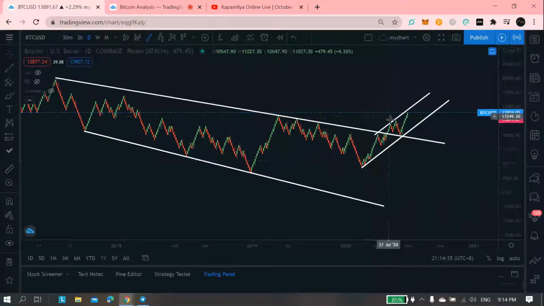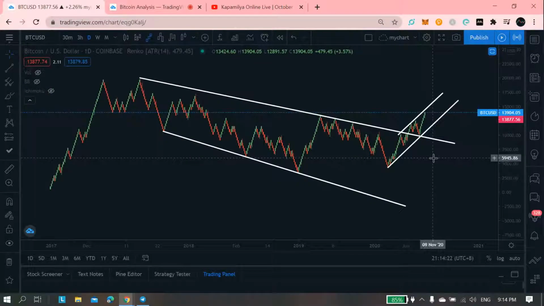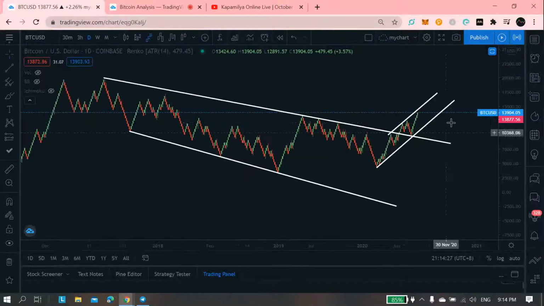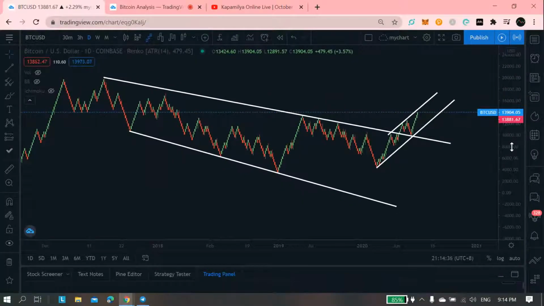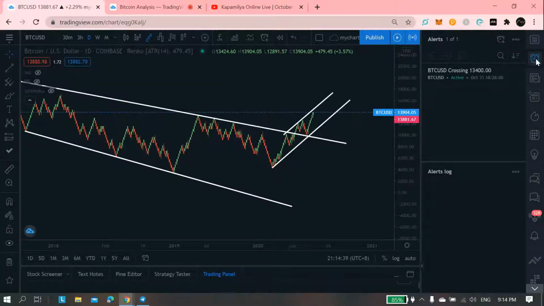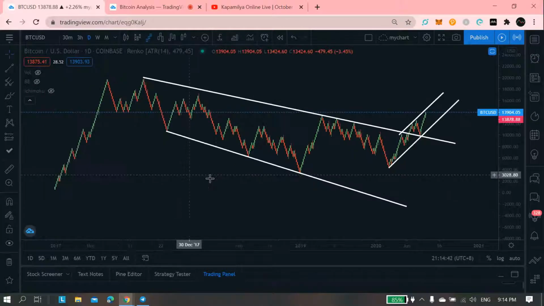And from there, it trended in an upward channel. So currently trading around 13,877. The immediate resistance I'm looking at is this area, the blue line, which is 13,904.05.